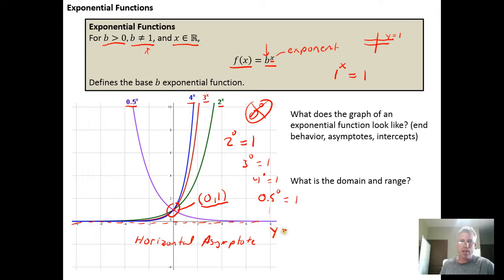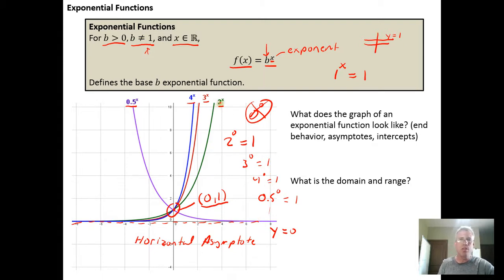The x-axis is the line y equals 0. So the exponential functions get as close as you want to the line y equals 0, but they never touch it. They never cross it. An exponential function will never output a 0 unless you apply a transformation like 2 to the x minus 5, where you drag the entire graph down 5 units. But the toolbox function will never take on the value y equals 0. So we get a horizontal asymptote that the function approaches but never touches.